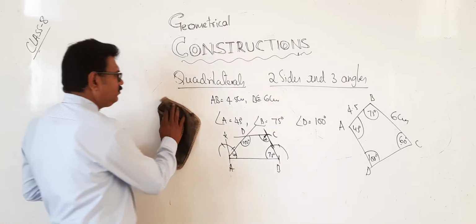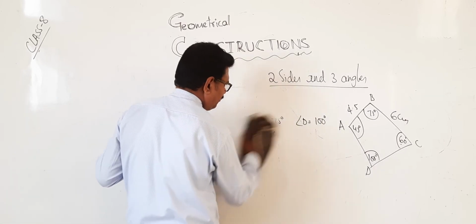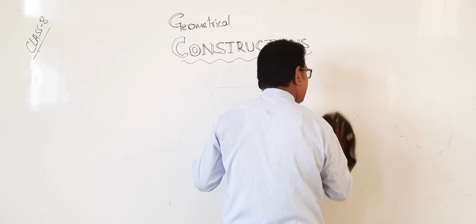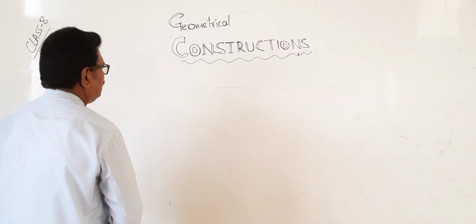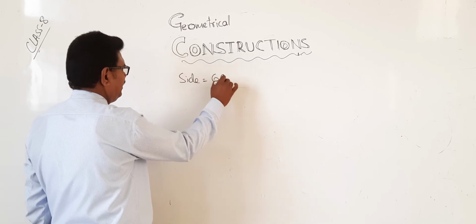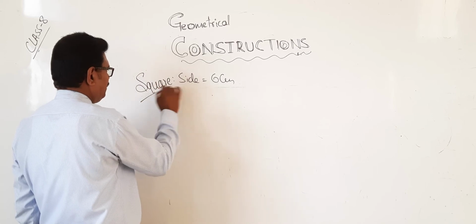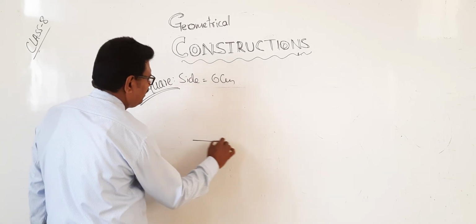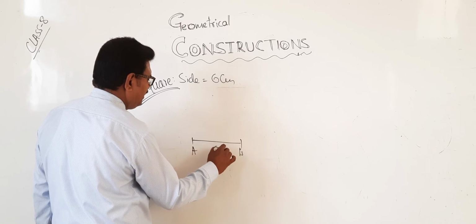Next, instead of a general quadrilateral, if a rectangle or square is given: construct a square of side 6 centimeters. How to construct a square? Very simple. First you take 6 centimeters, any AB 6 centimeters.